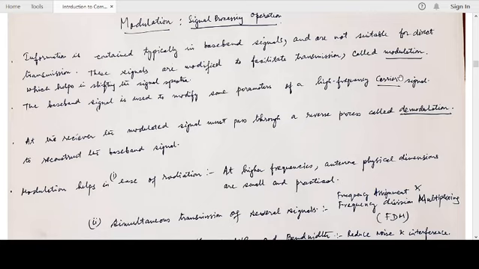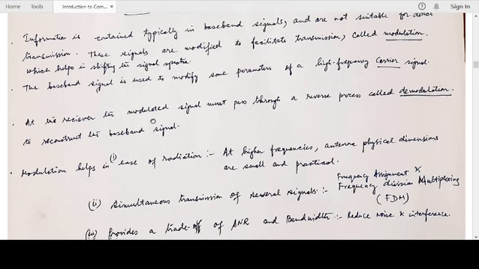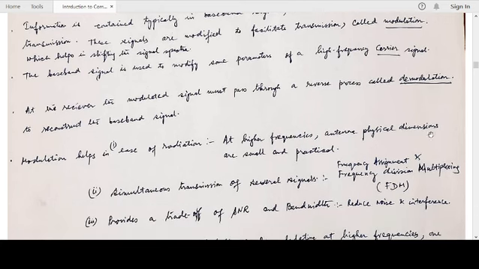Over the carrier signal, the information is embedded, and the carrier signal is transmitted through the antenna. At the receiver, the modulated signal must pass through a reverse process called demodulation. It removes the effect of the carrier signal and reconstructs the baseband signal.